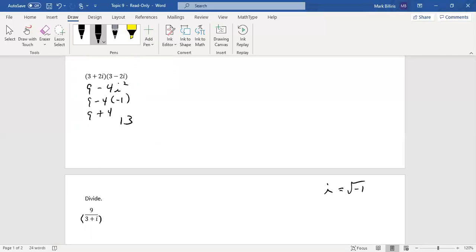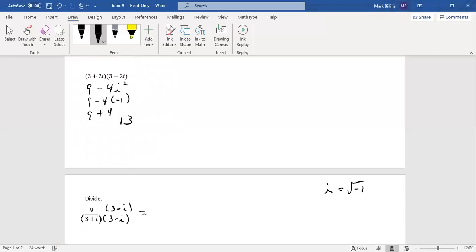If we multiply a binomial times its conjugate, then we'll end up with a rational denominator. So this process is called rationalizing. I'm going to multiply numerator and denominator by the conjugate of the denominator. Conjugate means, again, the terms are essentially the same, except one's a plus and one's a minus.